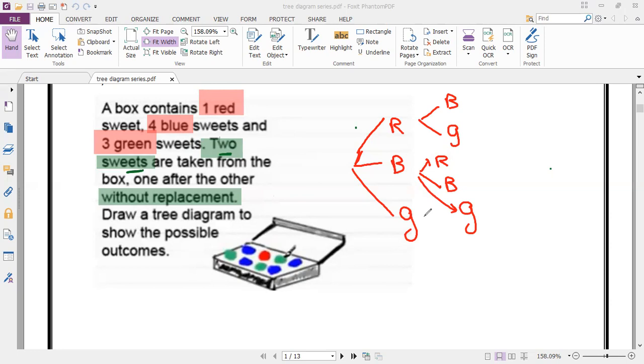If you took the green, you are left with red, that's right, blue, and green. Why did you say green? Because we have more than one green. Let's go to the next one.